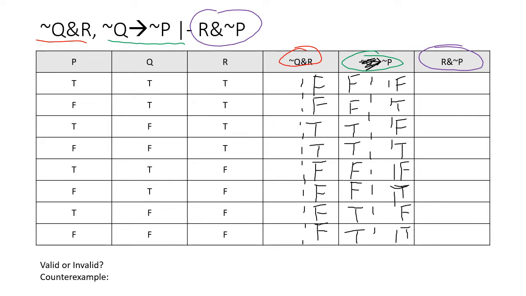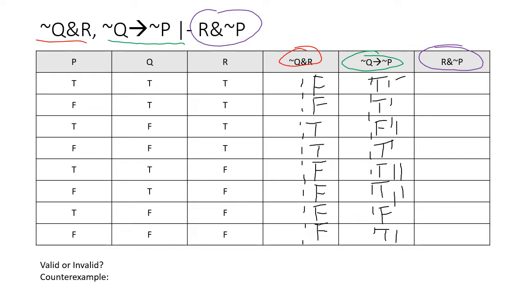And now we're going to use those values to determine the arrow. Remember, the arrow is true wherever the left side's false, or the right side's true. And so all of those are going to be true. This one's going to be false. And this one's false. With that, we can get rid of these two columns here. And then we can move on to our conclusion.